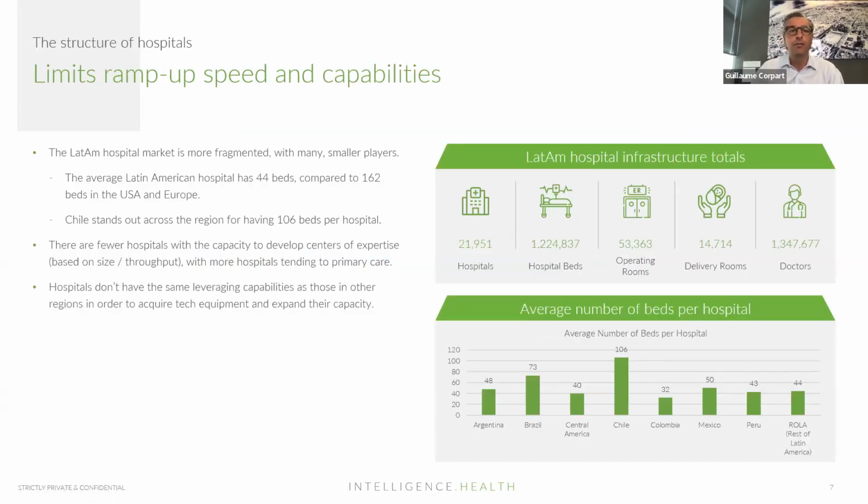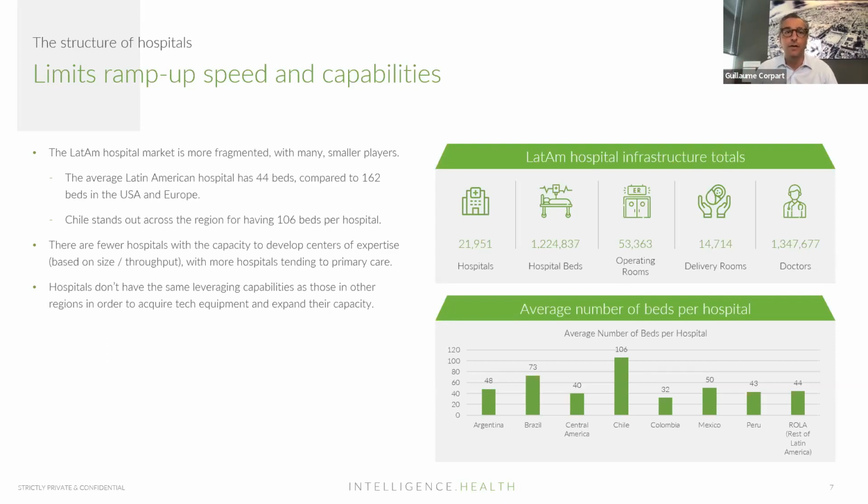If we look at the hospital infrastructure on a regional basis, we see that Latin America is actually quite robust. As I mentioned, we're talking about over 20,000 hospitals, over 50,000 operating rooms, and over 1 million hospital beds. However, we see there's also a major difference between hospitals in Latin America and hospitals in developed economies like the United States or Europe.